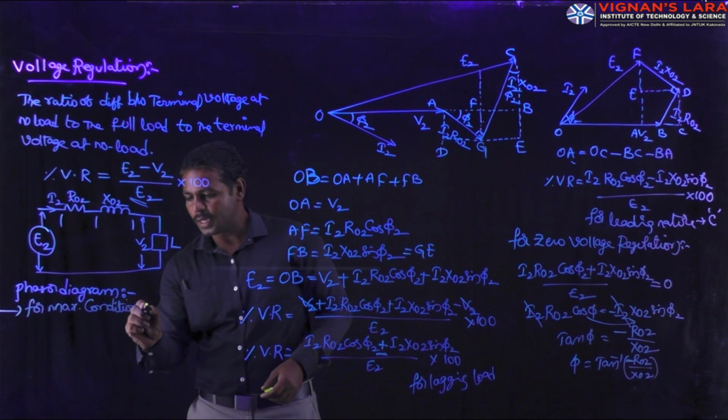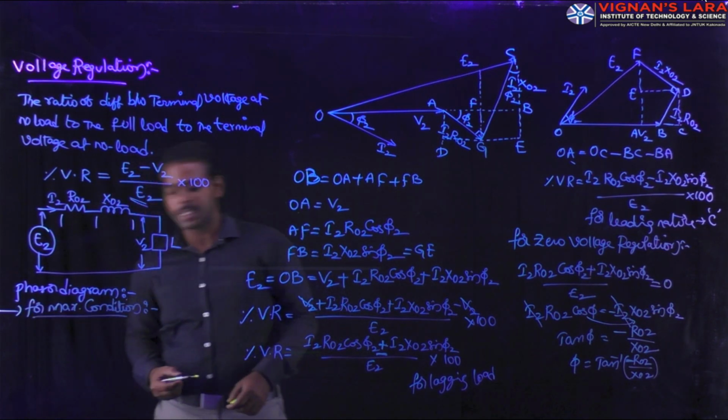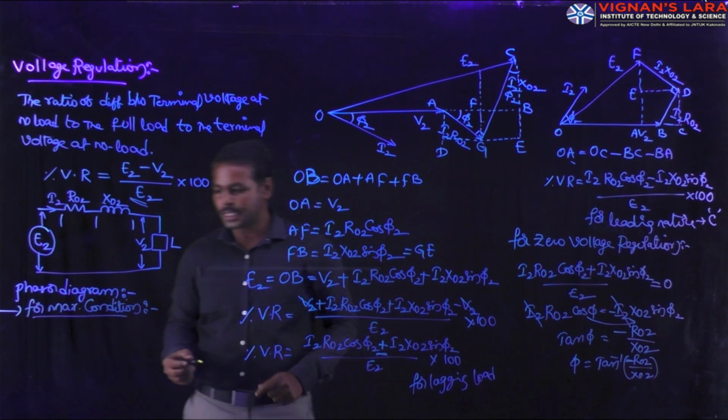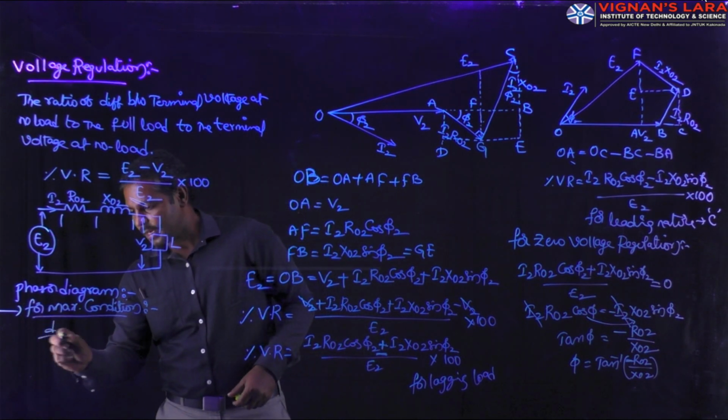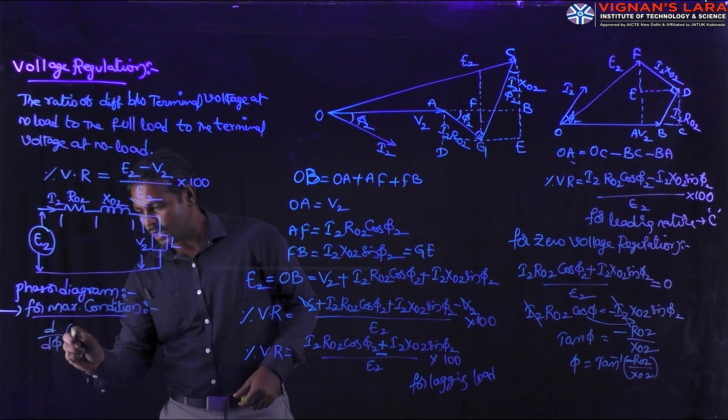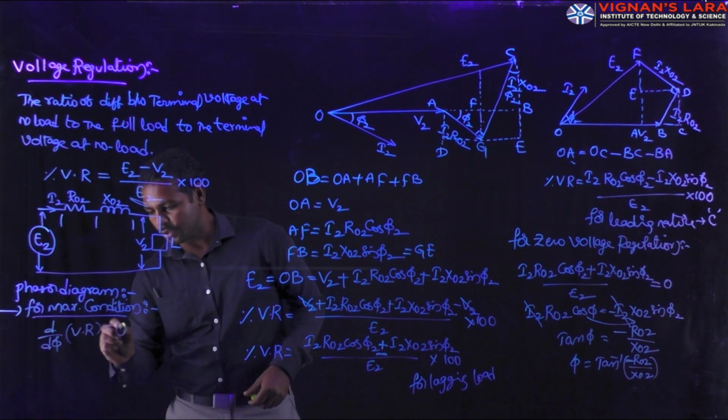So another one is the condition for maximum voltage regulation. We can find out the maximum voltage regulation. Maximum voltage regulation means d by d phi of voltage regulation is equal to 0.